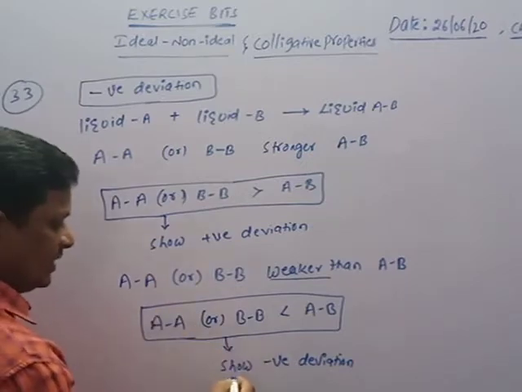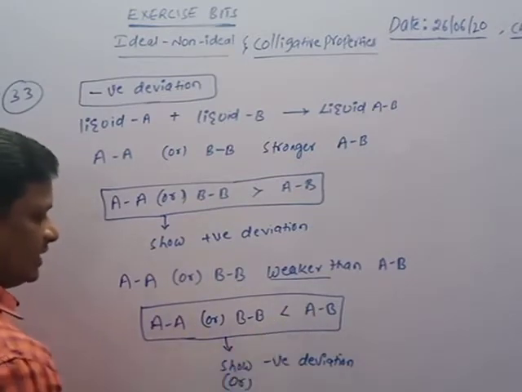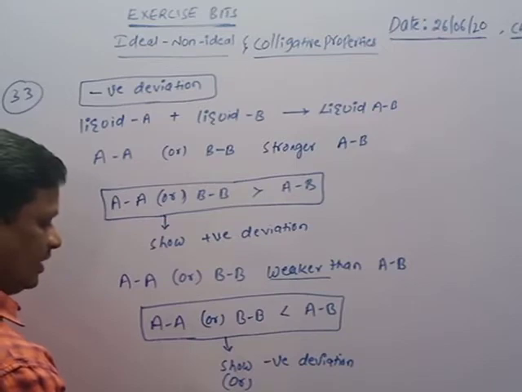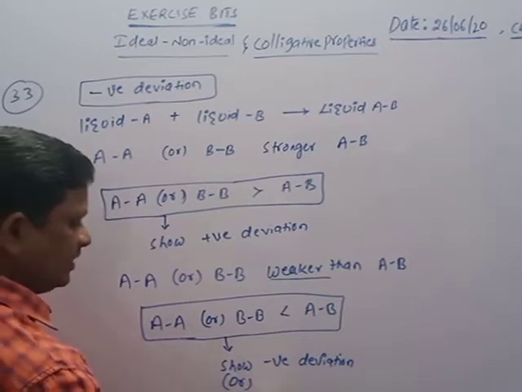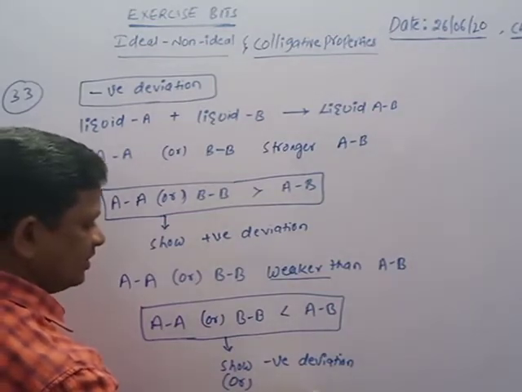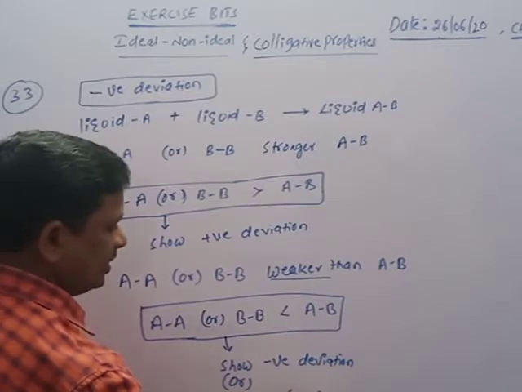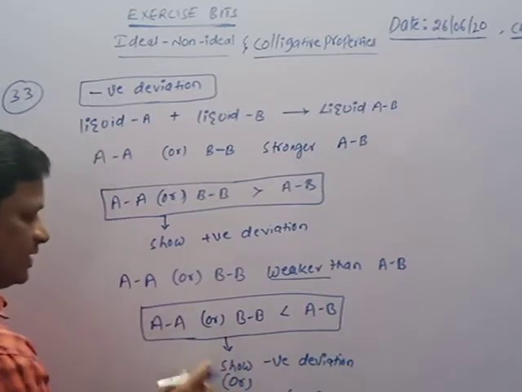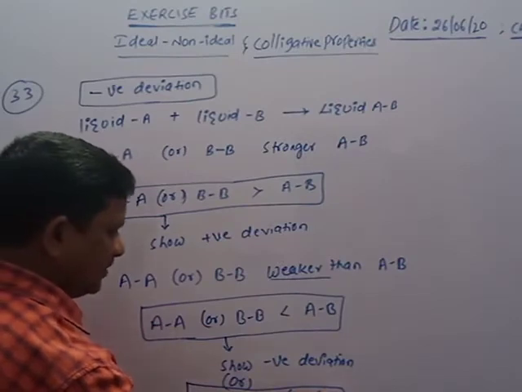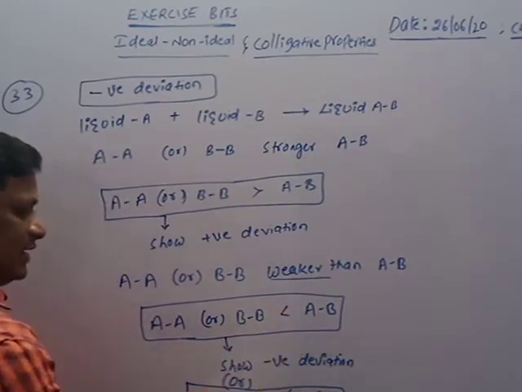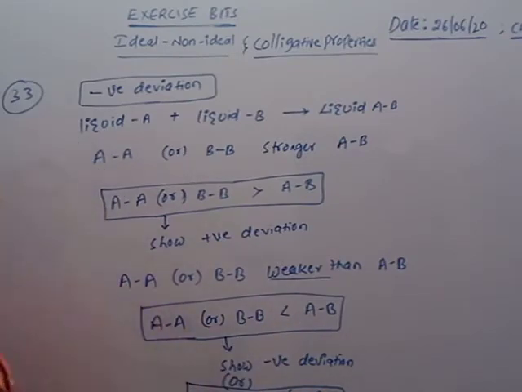It can also be written as AB interactions are greater than AA interactions or BB interactions. Both statements are the same, because one says less than and the other says greater than. So that is bit number 33.